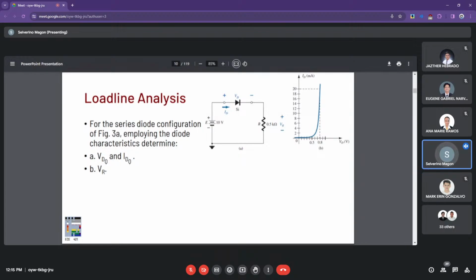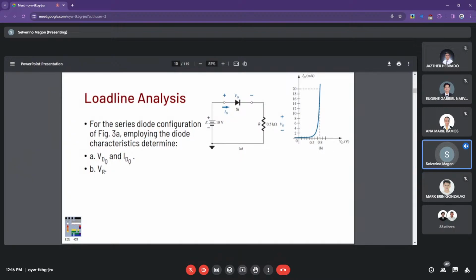Right, so here's a sample problem where we can apply the load line analysis. In this example, we have 10 volts, 500 ohms, and then a silicon diode.